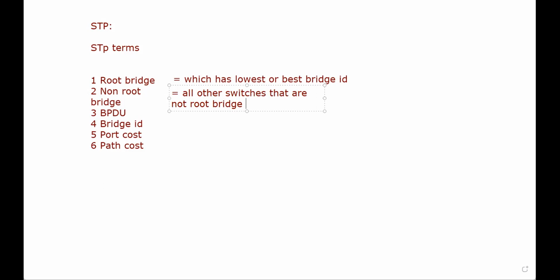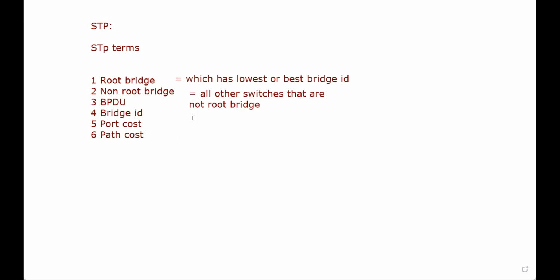For example, in my class, 7 people are present, so say I have 7 switches. If all the switches are connected with each other, one switch will act as the root bridge and the rest 6 switches act as non-root bridges. Like in my class, we have 1 monitor and the rest are non-monitors. So this is the concept.